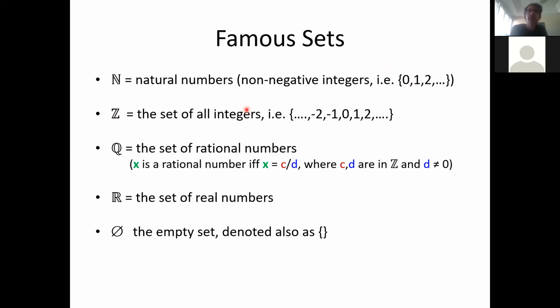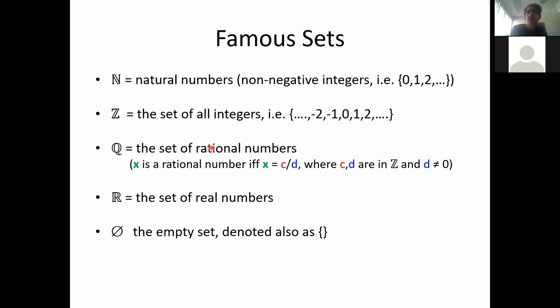The integers, the symbol is Z, again with a thickened diagonal, is all integers. So not just naturals, but also negatives.